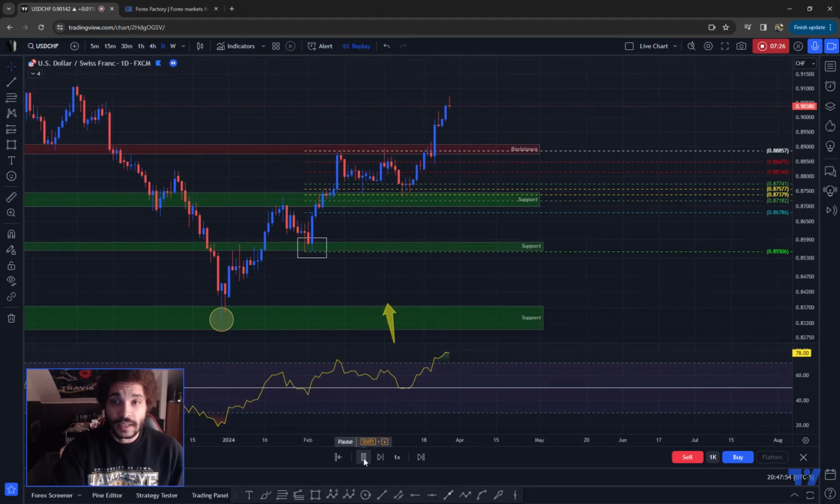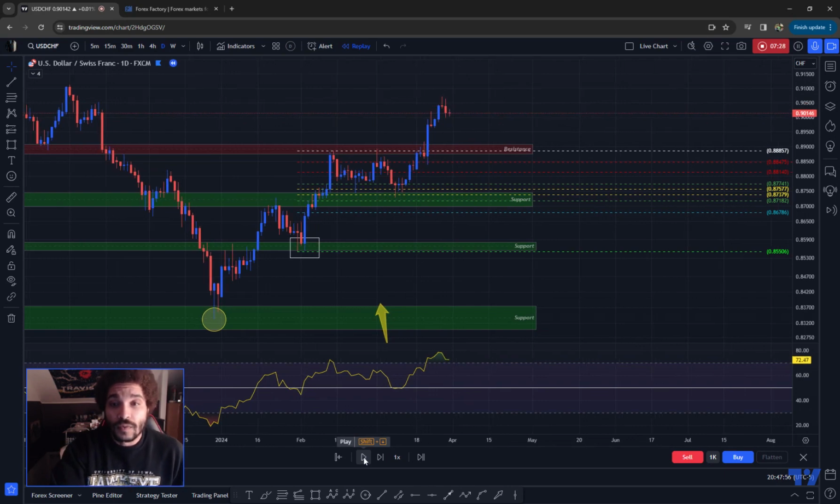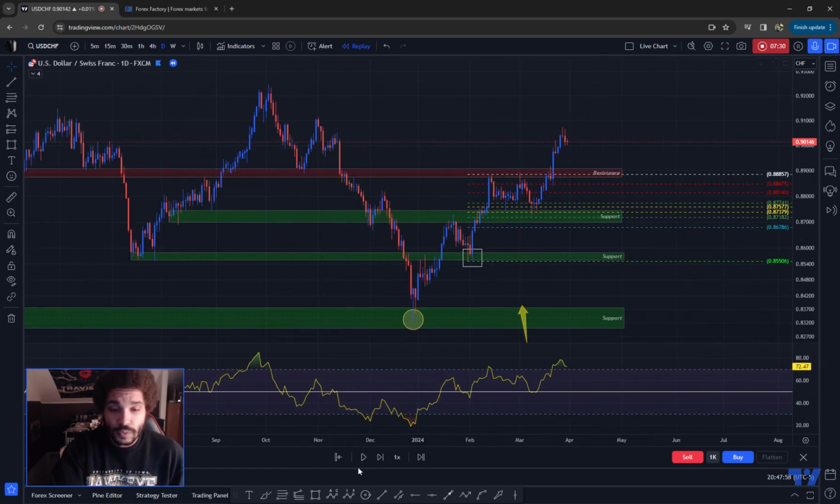And then on its way even higher. Now, to point out one last zone, which is a current zone that we are watching, right here.